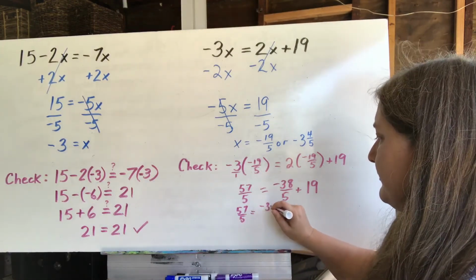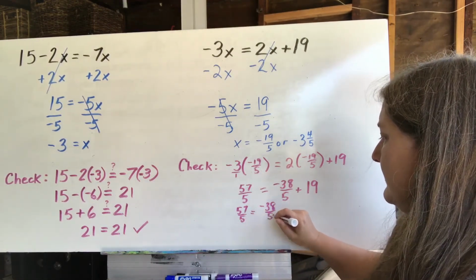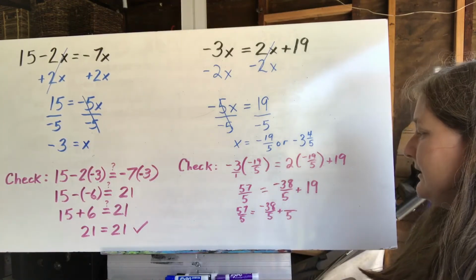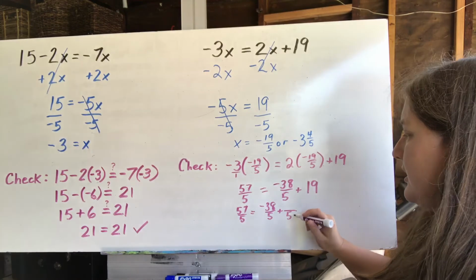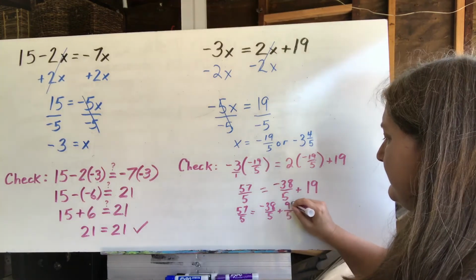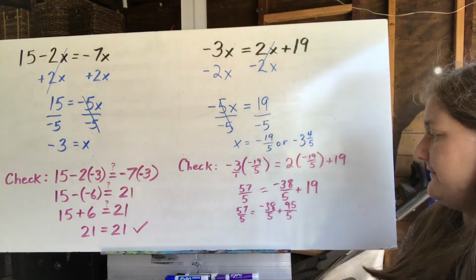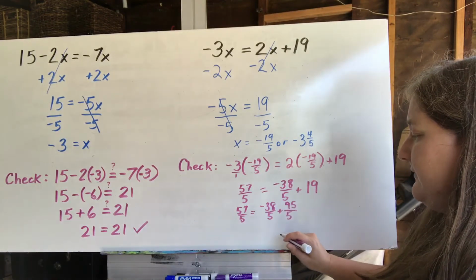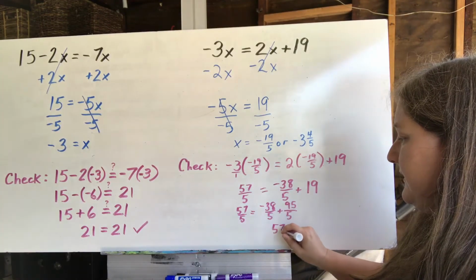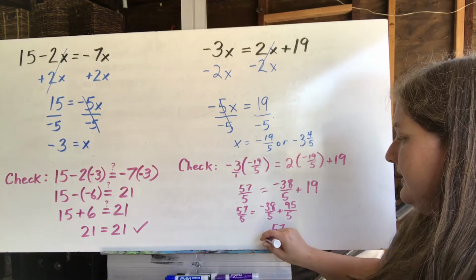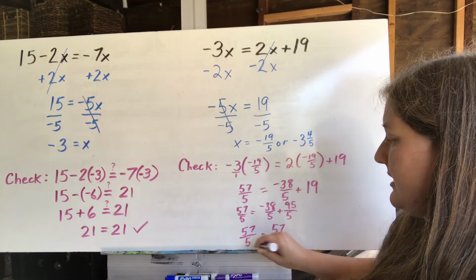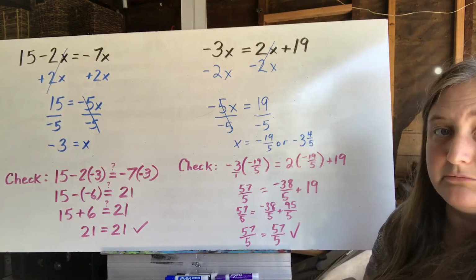I've got negative 38 fifths here. Plus, if I want to do 19 times 5 to get this numerator here, I'm going to get 95. And negative 38 plus 95 is going to leave me with 57 fifths. So actually, both sides equal the same number, and my answer checks out.